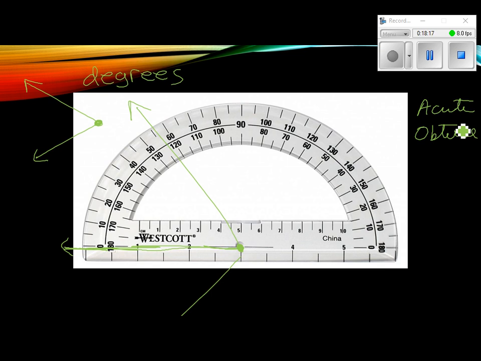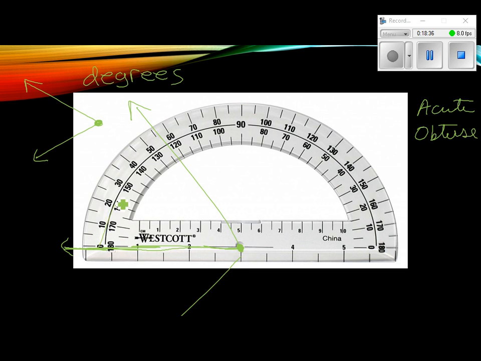The angle that I drew, acute or obtuse? Acute. So when I go up here and I look at these numbers, I should get a measure of something less than 90. So I'm not going to go up here and say, okay, this angle is 122. That doesn't work because that's an obtuse angle.